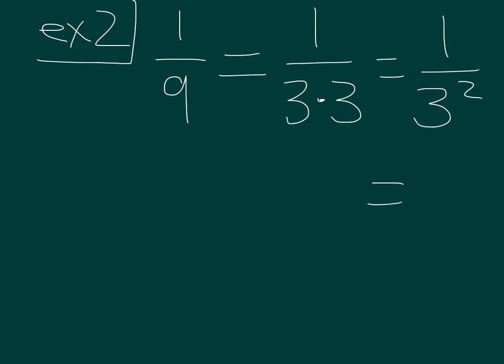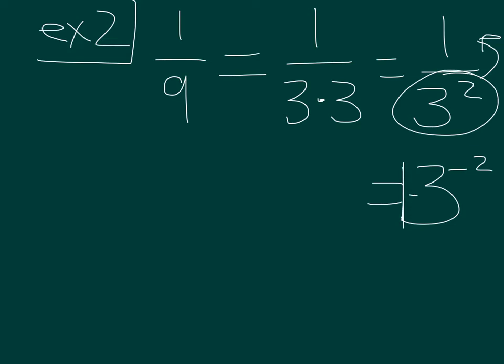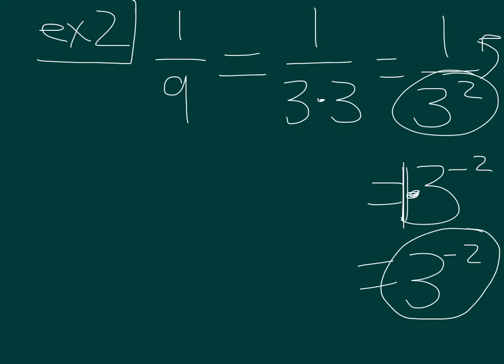And then to make this with the negative exponent, what we do is we take that and put it back on the other side and change the sign on the exponent. So this would be back to 3 to the negative 2 power. And you would times it by 1. The 1 is up there, so you're timesing it by 1, but just realize that's the same as just 3 to the negative 2. You don't have to put that times 1. So that's your answer for example 2.